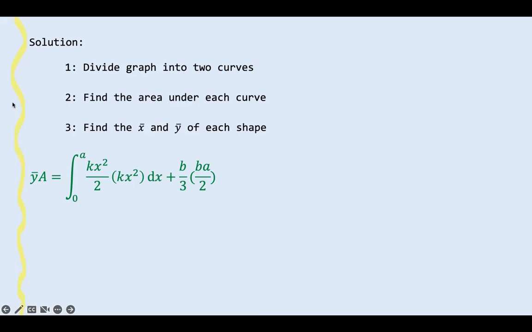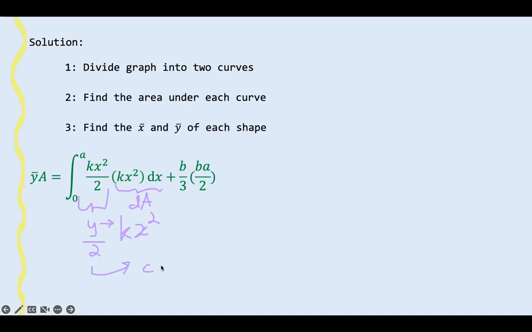Because as we saw earlier, this part corresponds to y over 2, the location of each centroid, and if you recall, y is equal to kx squared. So that's why we have kx squared over 2. And then kx squared times dx, as you will recall, is the dA.